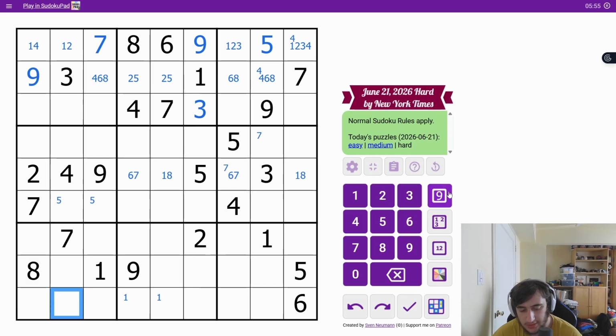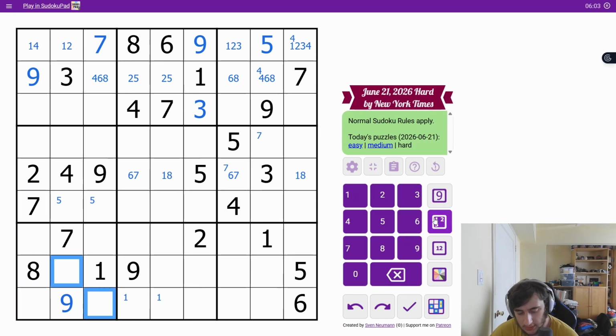This one must be a 9. That's good. Now we know 2 has to be one of these two squares.